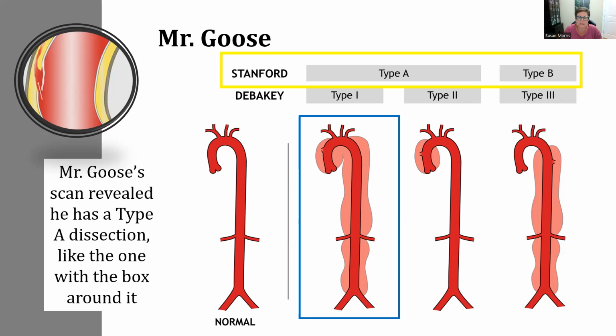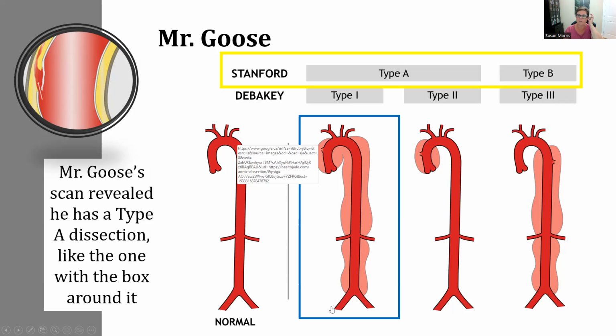It starts in his ascending aorta. It comes down his descending aorta. It comes down his abdominal aorta. And it has dissected all the way down to his right popliteal. And so the nurse tries to maintain her composure, but she knows that the cardiac surgeon is on his way in.